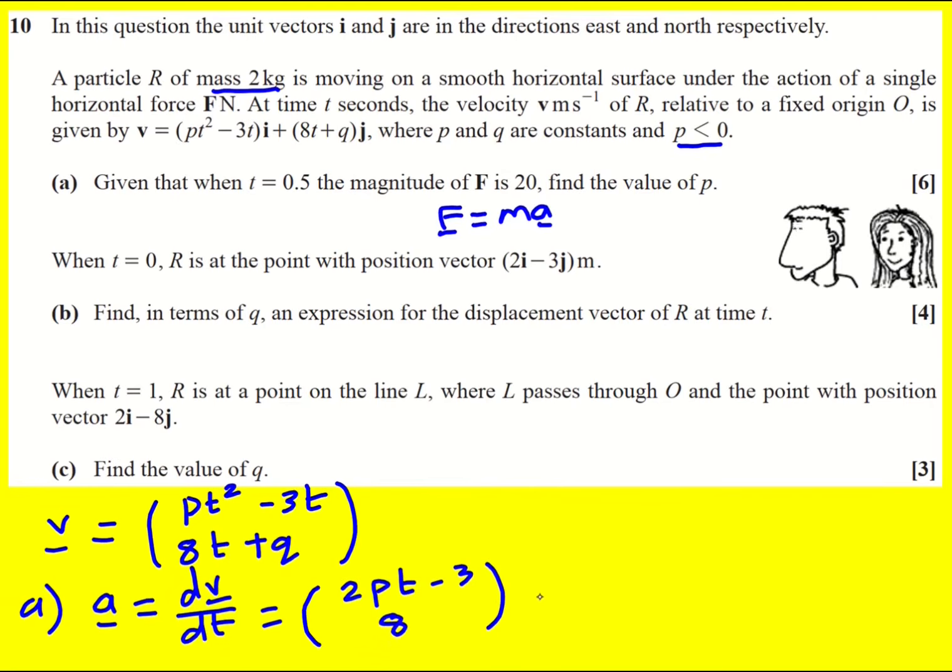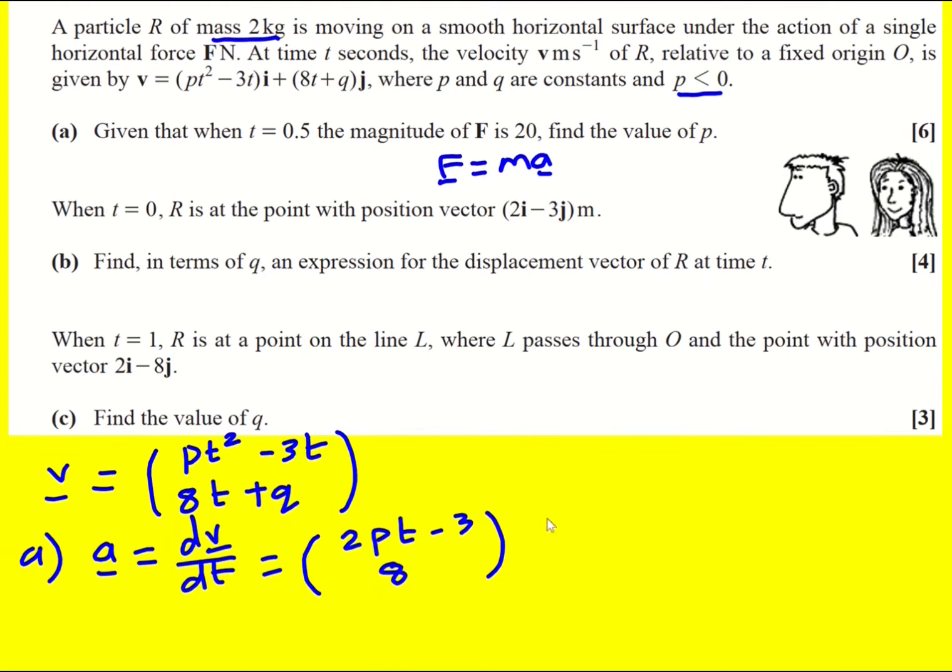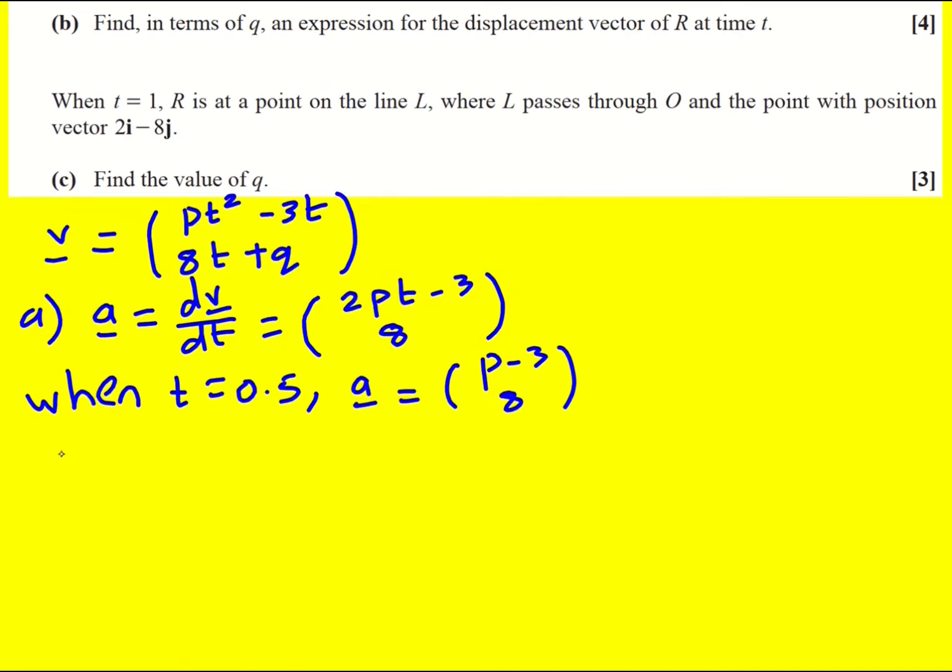And then when t is 0.5, a is going to be, 2 times 0.5 is just 1, so we get p minus 3, 8. Okay, now I can apply F equals ma.